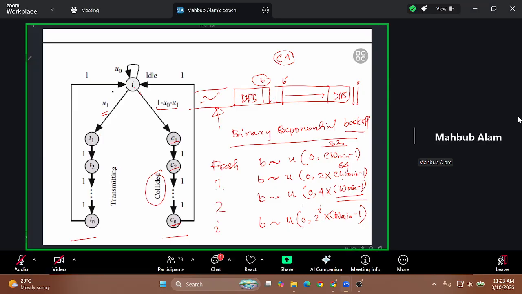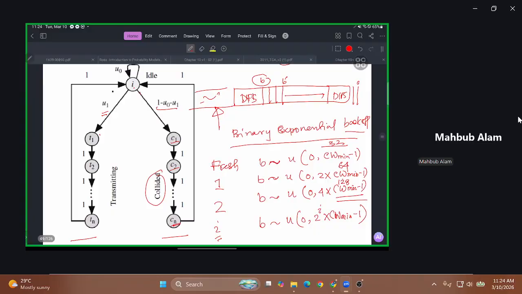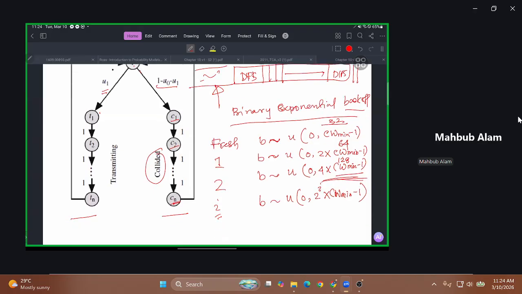Then after the second collision, when it attempts retransmission, the backup value is chosen from 0 to 127. And in case of the ith retransmission, the backup value is chosen from 2 to the power i times the window. So every time a collision occurs, the backup counter value is chosen from a doubled backup window. Okay.